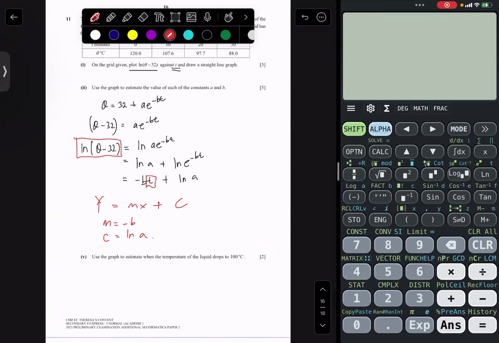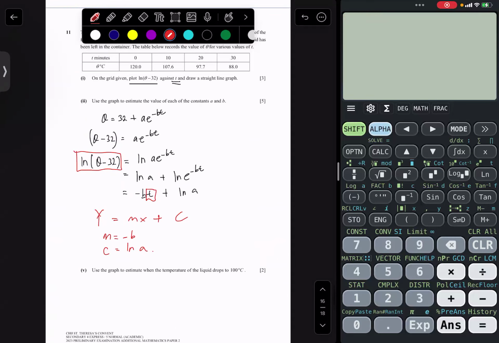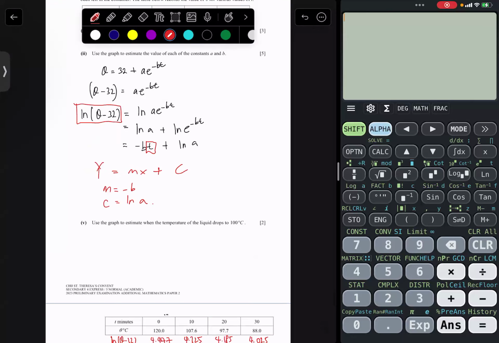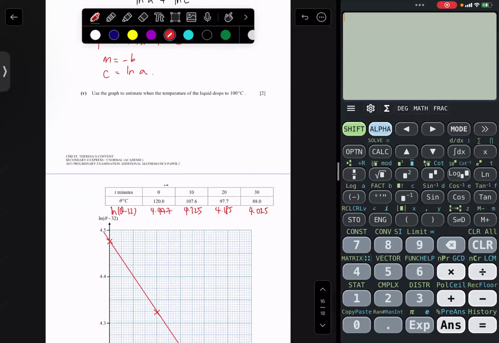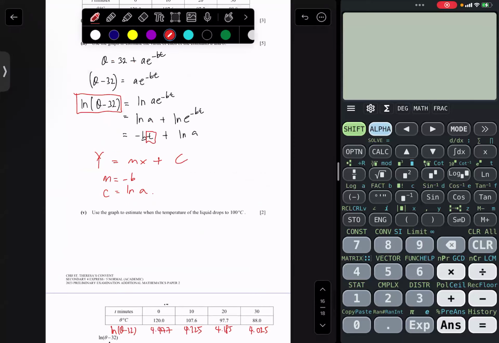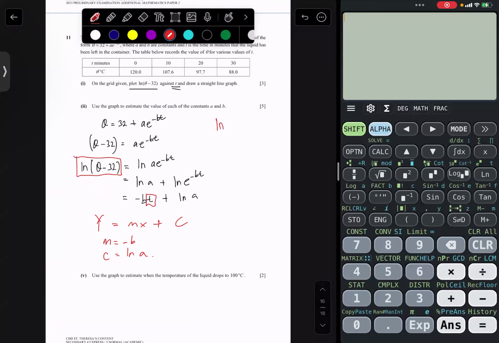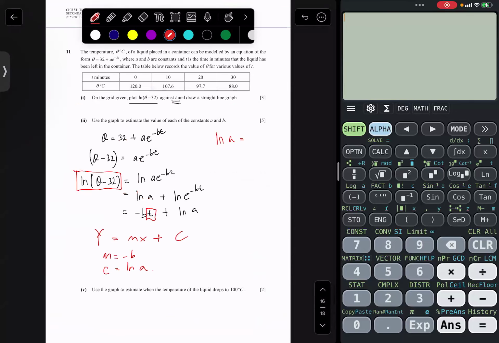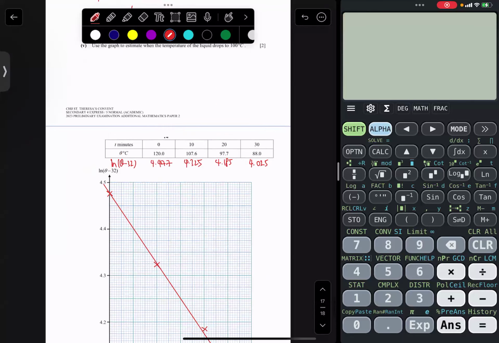Use the graph to estimate the value of each of the constants A and B. So c equals to ln A. So ln A is equals to 4.475, right?